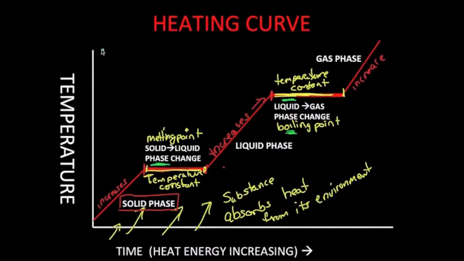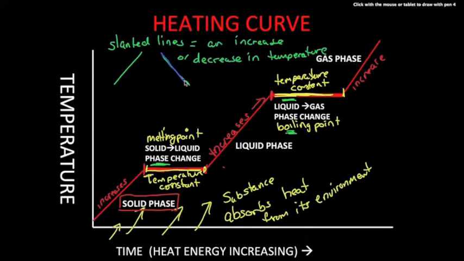Some things to keep in mind when we're looking at a heating or cooling curve is that the slanted lines indicate an increase or decrease in temperature. A line that slants down over time is cooling. And a line that slants up over time is heating. Or we can think of it as absorbing heat from the environment or losing heat from the environment.